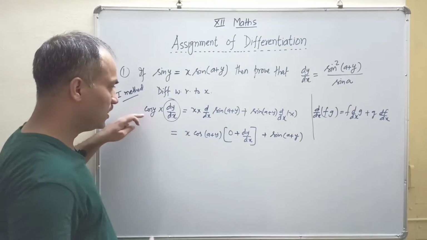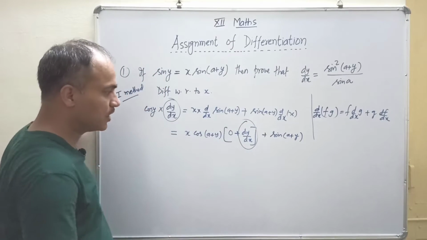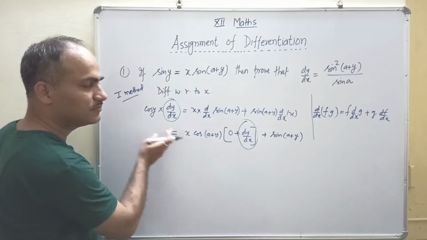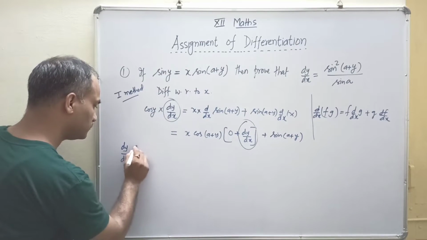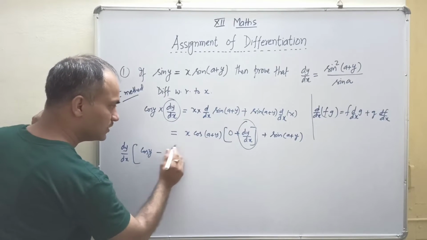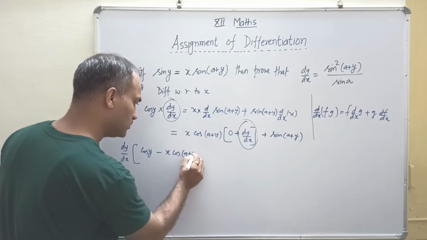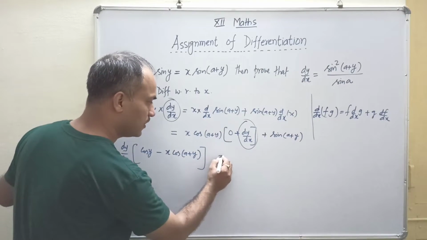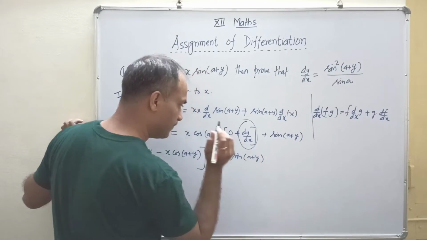We have dy upon dx at two places. So let us take this entire term towards left and take dy upon dx common. So we get cos y minus this term, x cos(a plus y), and now we have sin(a plus y).